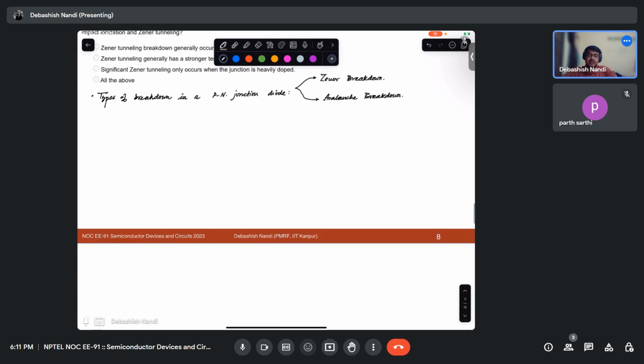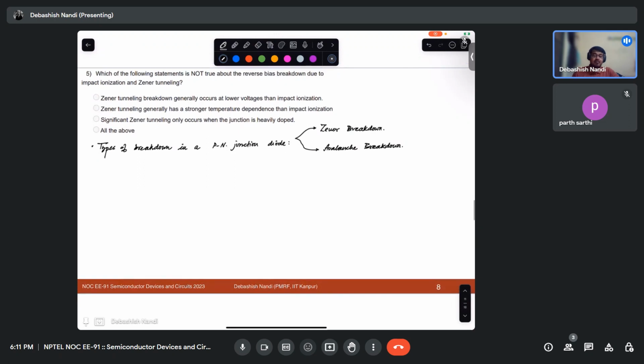So firstly, I will discuss the fundamental differences in mechanism of Zener breakdown and avalanche breakdown. First thing, remember that Zener breakdown is due to band to band tunneling, and avalanche breakdown is due to impact ionization.